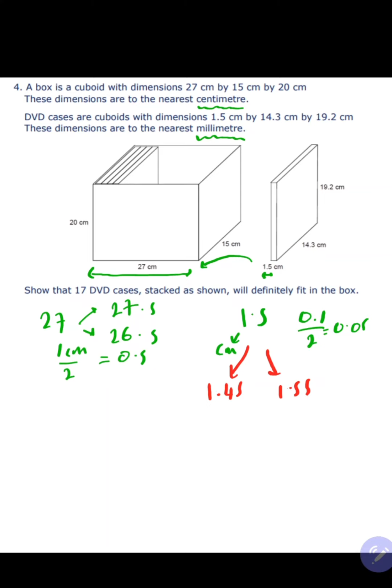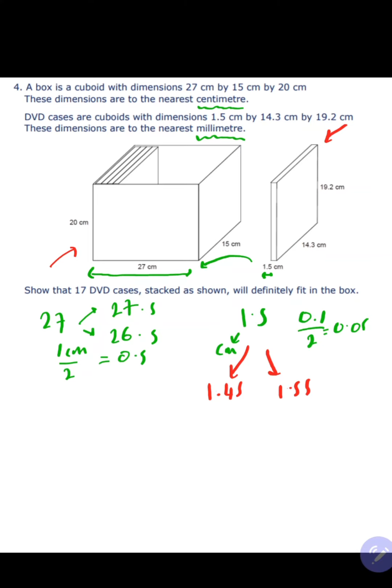The logic here is: will the largest possible size of CD fit in the smallest possible width available? So you're trying to find out, will the biggest possible CD fit in the smallest possible width? Because they're asking us, will it definitely fit?